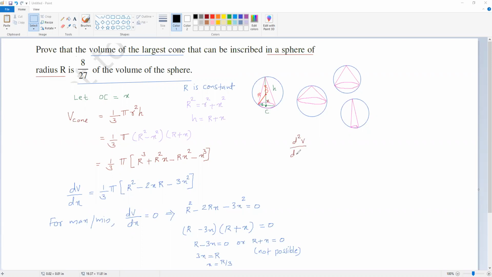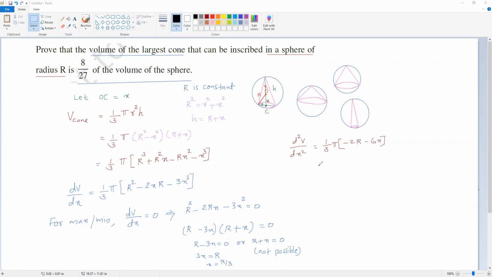d square v by dx square: 1 by 3 pi constant, and here is your dv by dx. r square constant, derivative 0, then minus 2r constant, derivative of x is 1, so it is minus 2r, minus 3x square, derivative is minus 6x.